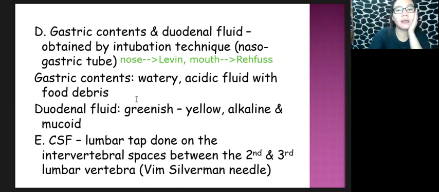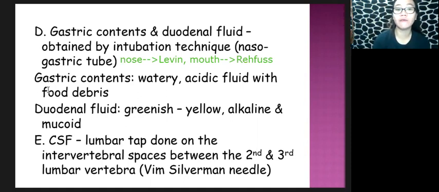All right, so gastric contents are drained, and it would contain water, of course, your acid in the form of hydrochloric acid, with food debris. So prior to the collection of your gastric contents, the patient is actually asked to fast.